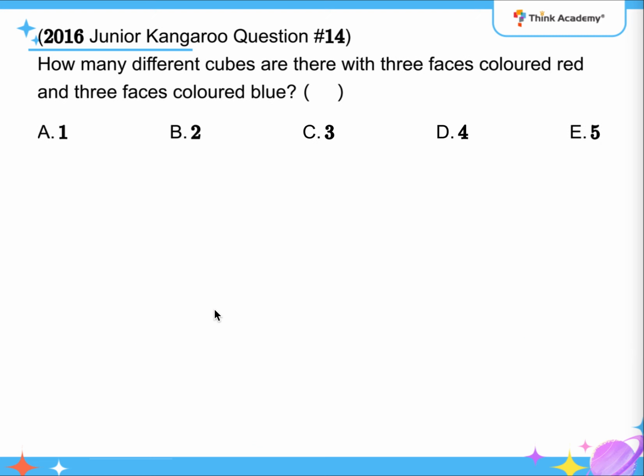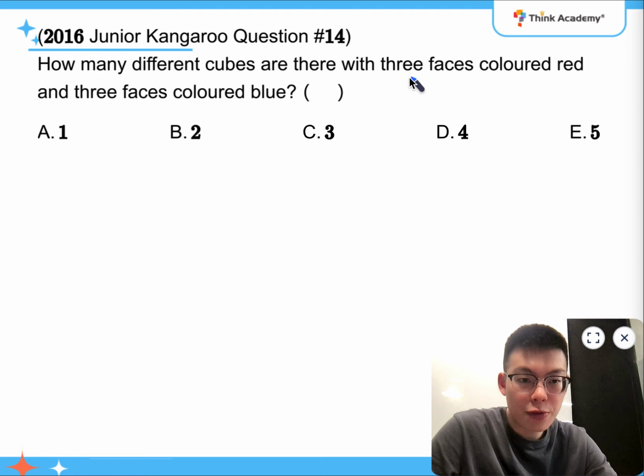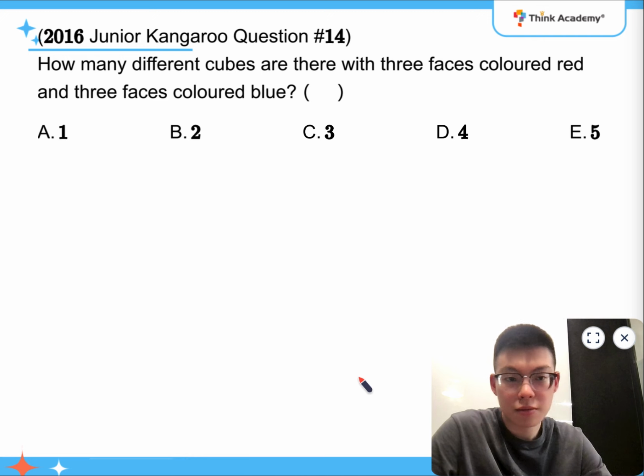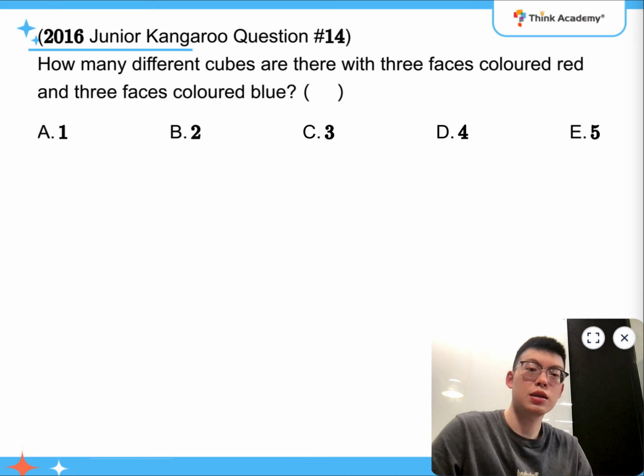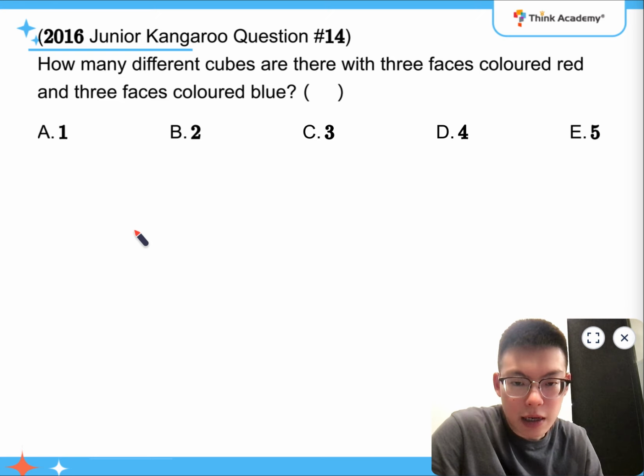And then for question number 14, how many different cubes are there with 3 faces colored red and 3 faces colored blue? Well, interesting question. So first of all, if I need 3 faces to be colored red, I need to think about what the possibilities are.